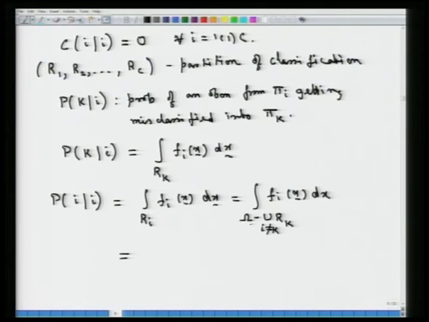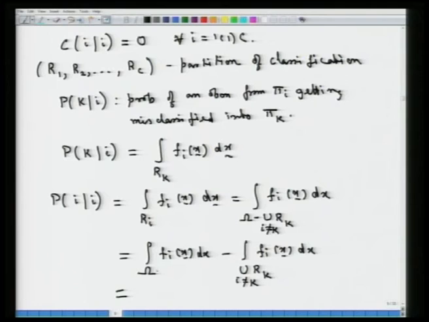So, the first term would be the integral over omega of f i x dx, which is going to be equal to 1, and the next term is over the union of these R k regions, k not equal to i, of f i x dx.